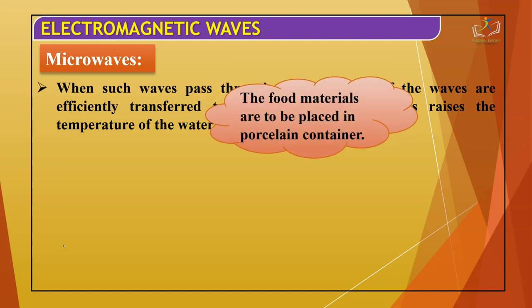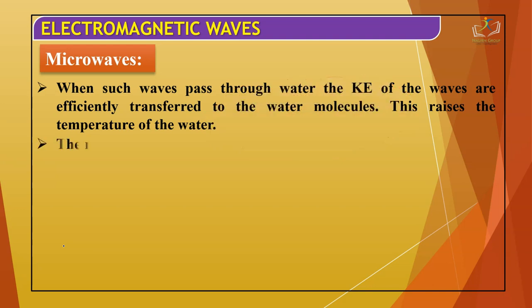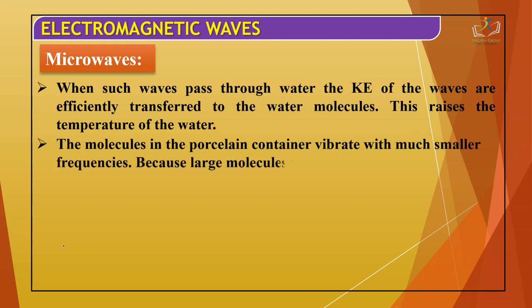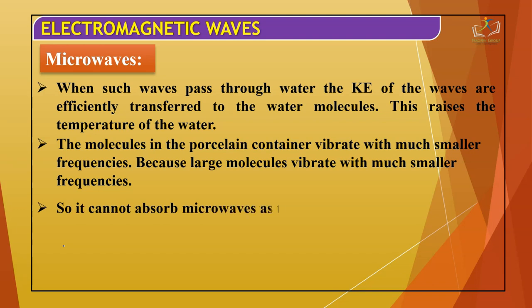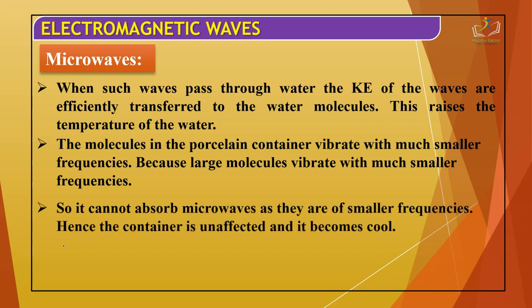The food material is to be placed in a porcelain container. The molecules of the porcelain container vibrate with much smaller frequencies. Because the large molecules vibrate with smaller frequencies, they cannot absorb microwaves; they are only affected by their own frequencies.